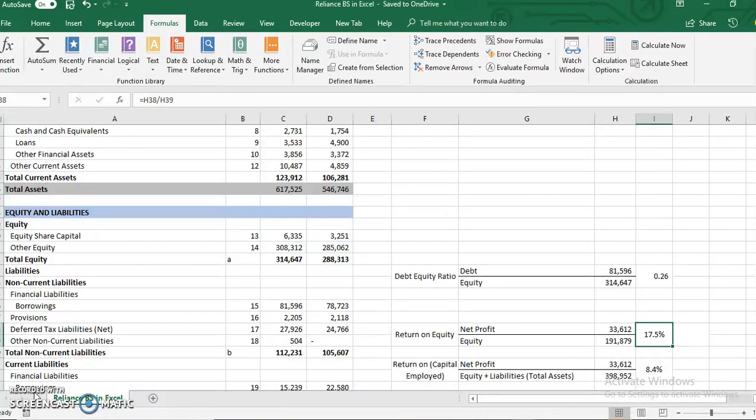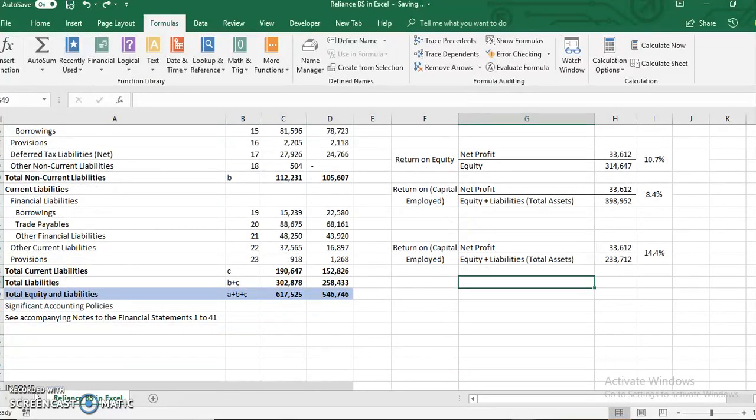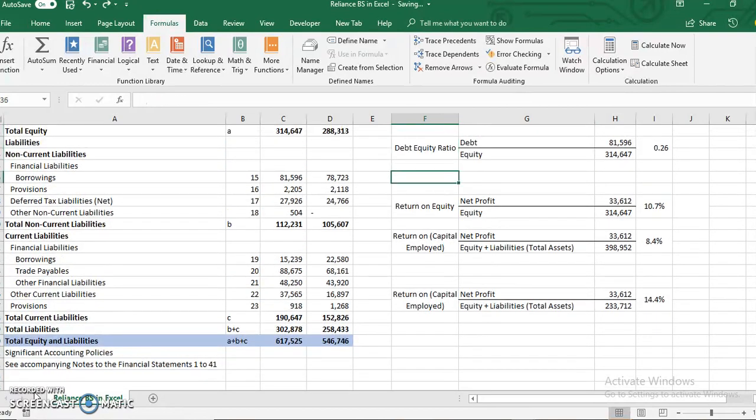But just for the conceptual idea, the return on equity is calculated by net profit divided by equity. You need to consider variations because the equity is not fully invested into the business.